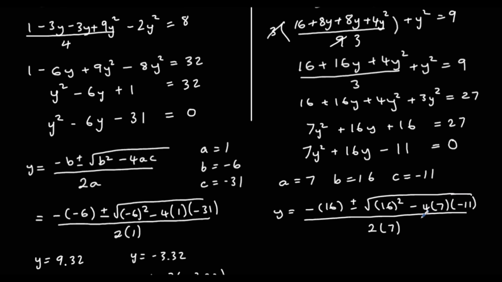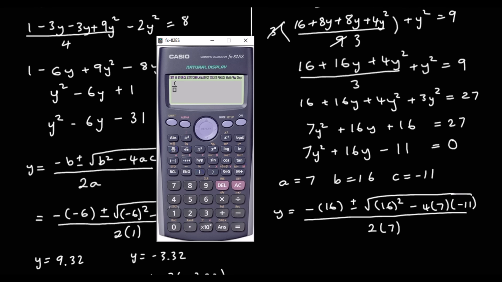So let's type that into the calculator. So we have minus 16 plus the square root of 16 squared minus 4 times 7 times negative 11 all over 2 7s.